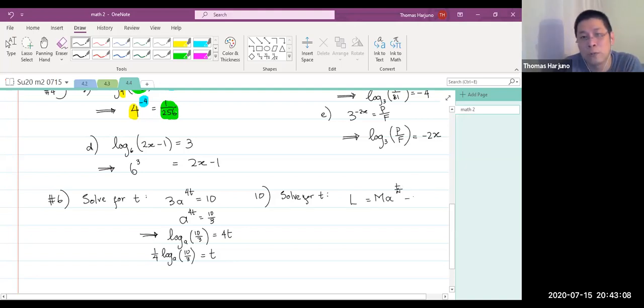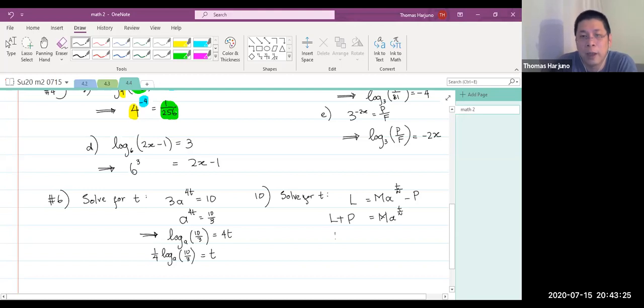I need to solve for t. So I will add p first. Do I have a negative there? No, I don't. Good.